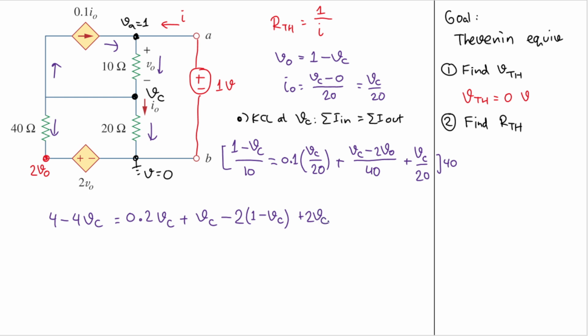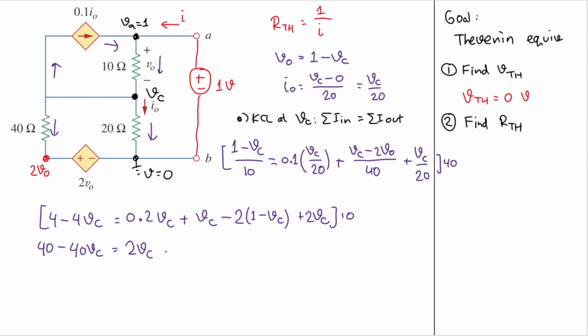Good, and I think we can solve for VC from here. Or maybe I want to multiply this by 10 to get rid of that 0.2. So we will have 40 minus 40 VC. And this one will be 2 VC.